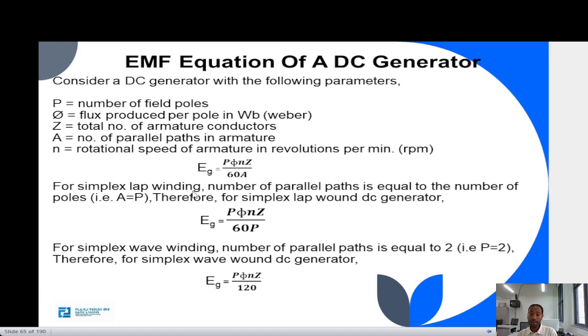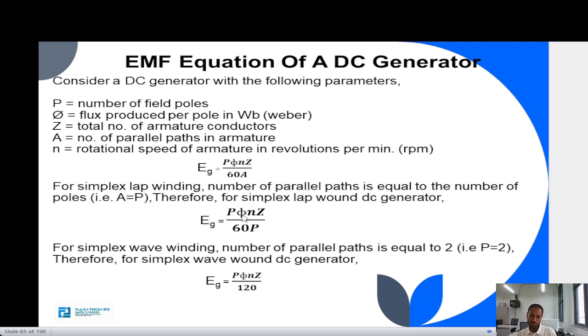Anyhow, in a lap winding, the number of parallel paths is equal to the number of poles, A is equal to P. If that is the case, the generated voltage is going to be P phi N Z divided by 60 P.